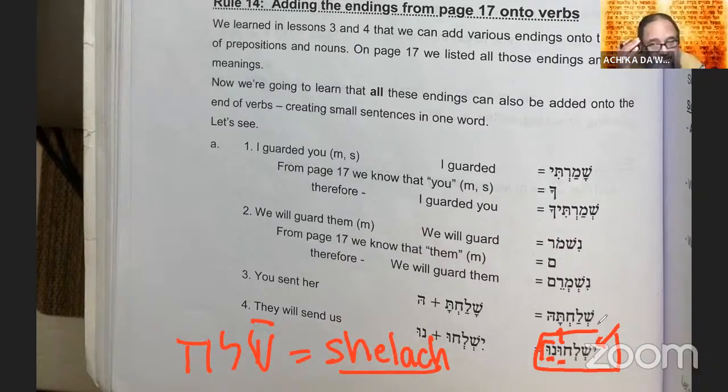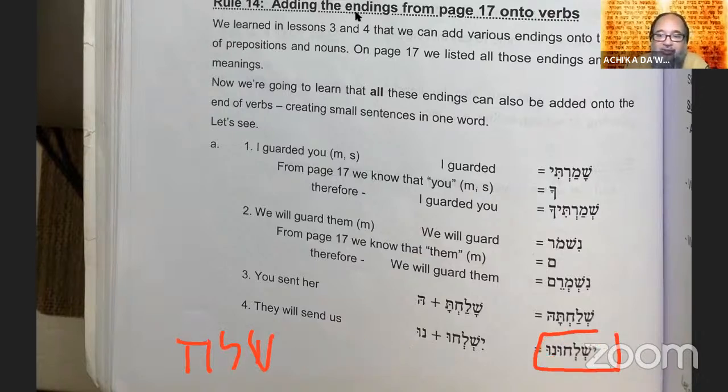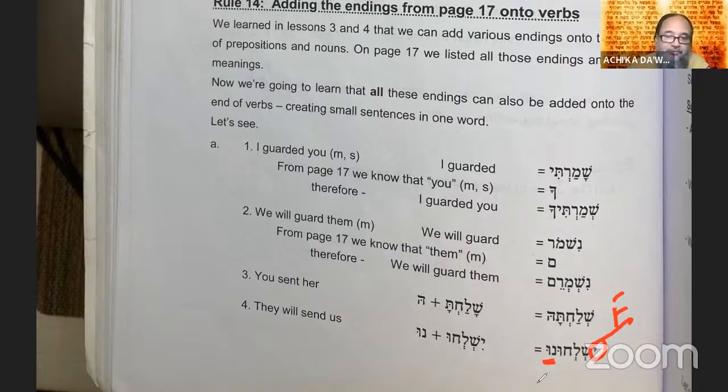And this is which you can remember. If there is any letter added to the front of any root, then as soon as you see anything on the front of it, you automatically know it's future. This part on the end right here is just identifying whether it's masculine or feminine.